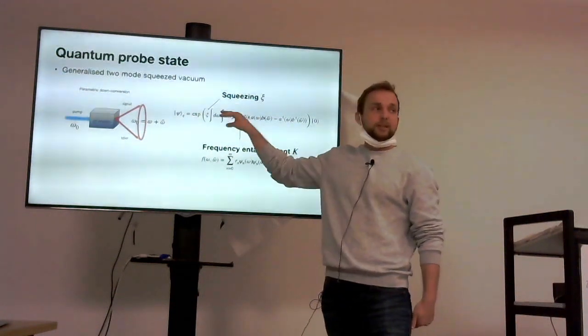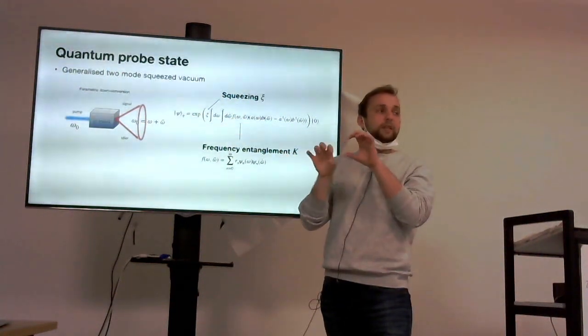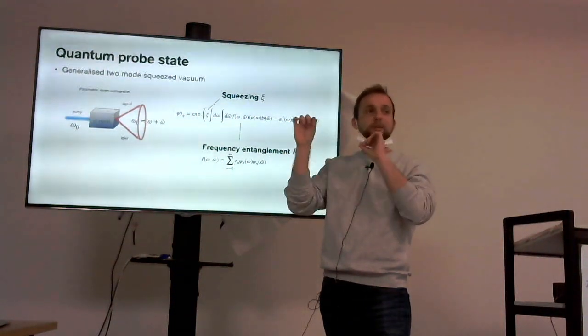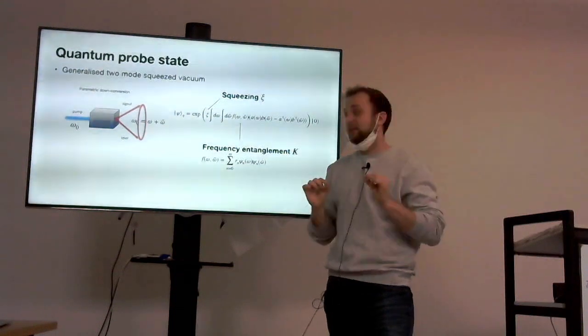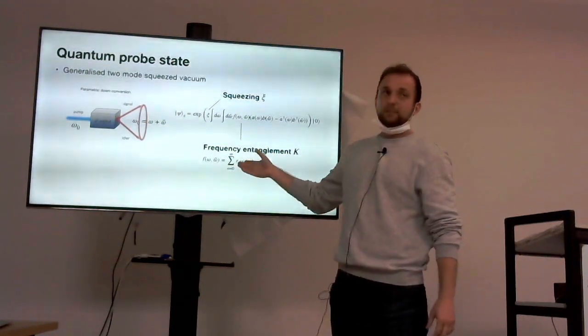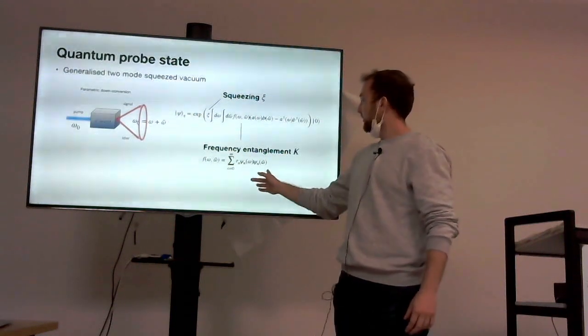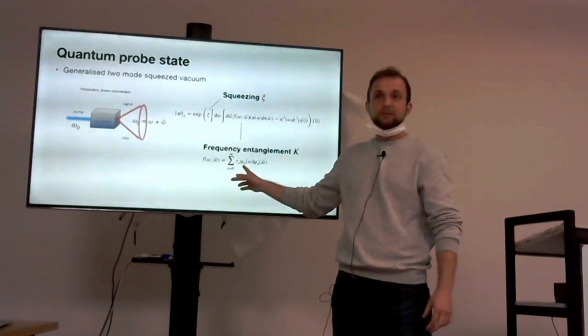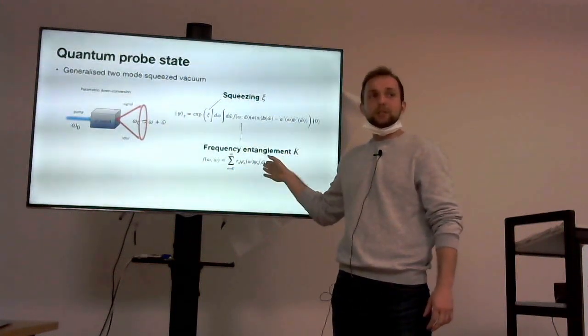If we can write this as a product function, then there's no frequency entanglement between the photon pairs. If it's really hard to write this as a product function, then this decomposition has a lot of terms.